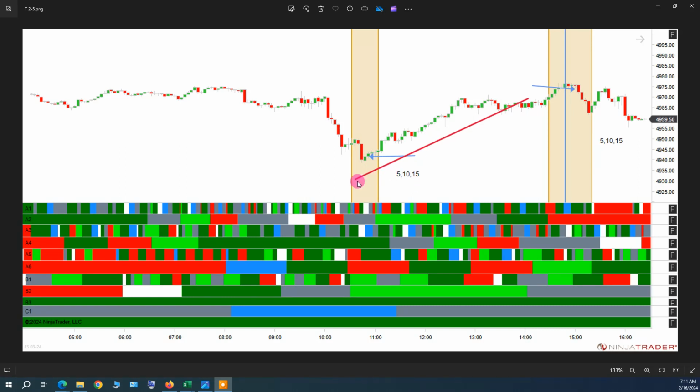So if you have the sheet, you want to take a look at this period and take a look at the column next to this period to see what this is.